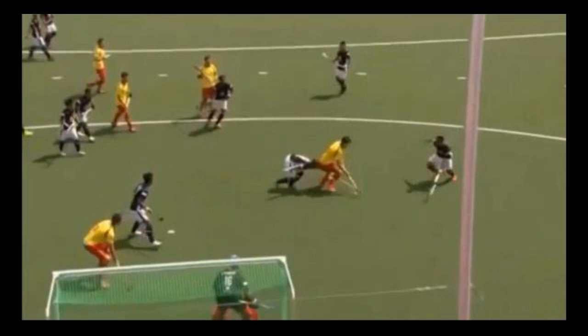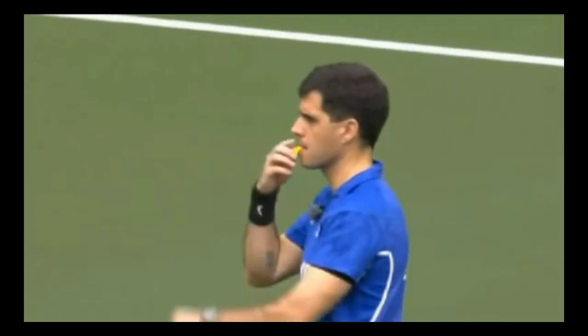It has nothing to do with the foot contact, whether or not he made that shot successfully. There is no requirement that after a ball-foot contact the opposition must gain advantage. So penalty corner it is.